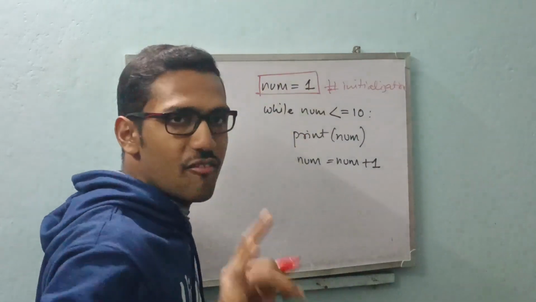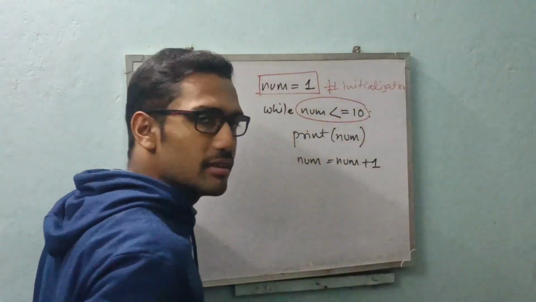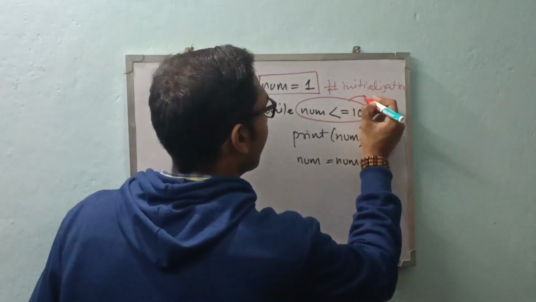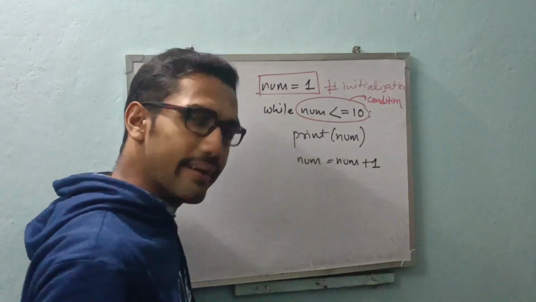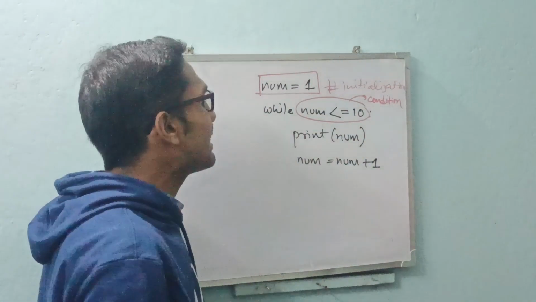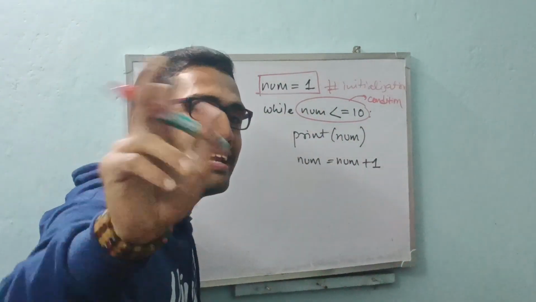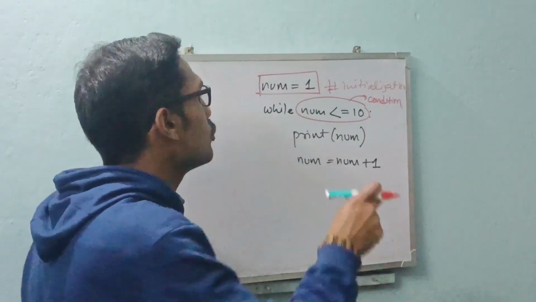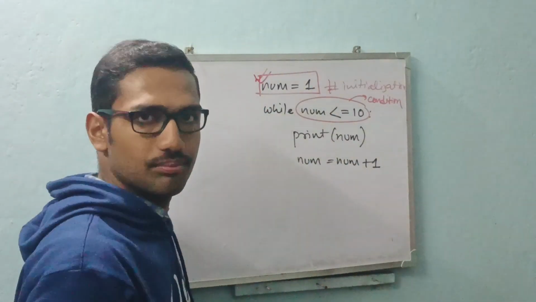Because this variable num has been used in this condition. So this one is the condition. And within that condition, we have a variable num, so this variable needs to be initialized first before using it within the condition. And that's what I have done here.